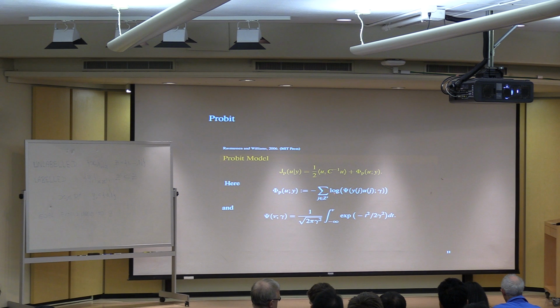If psi is 1, then its log is 0, and you don't penalize. If psi is 0, which means that the sign of u disagrees with y, the log will be minus infinity, and the penalty will be large. Okay, so this drives u to agree with the sign of the labeled data, plus or minus 1.